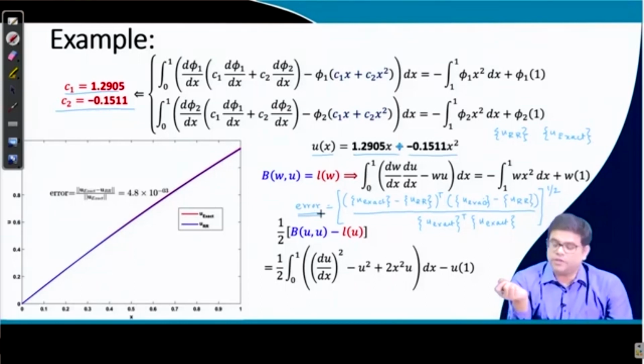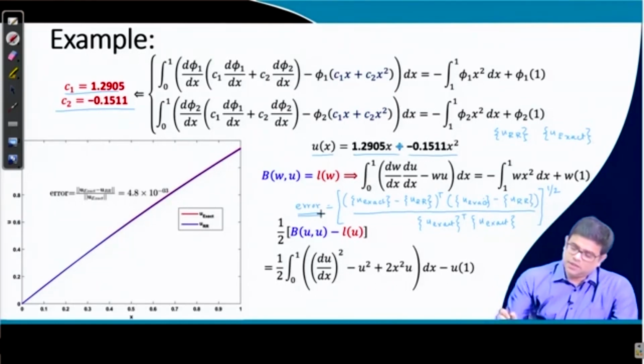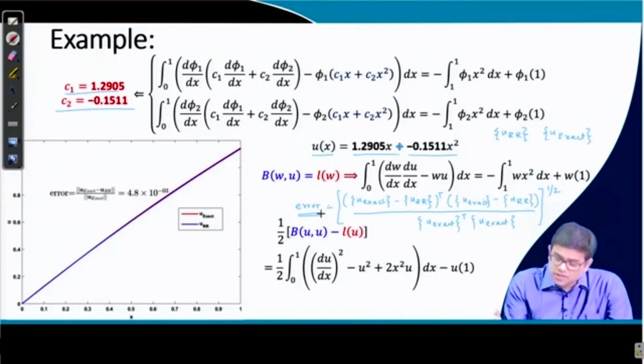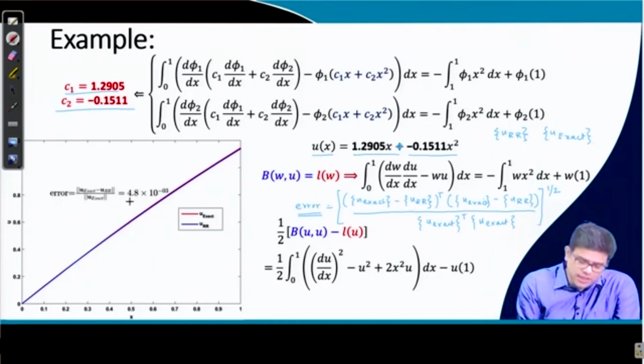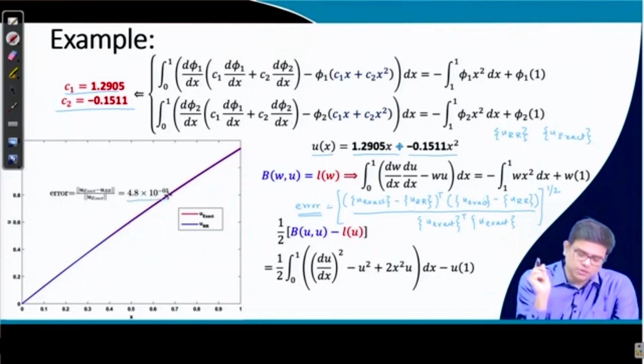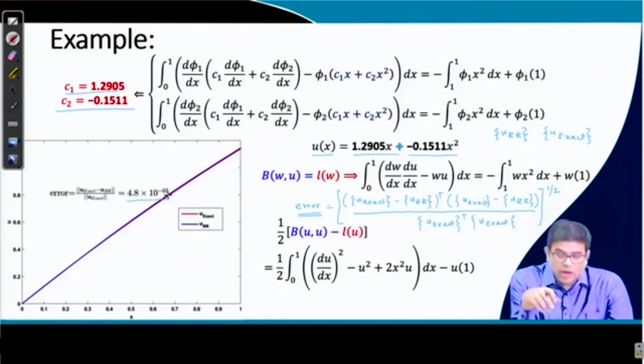I found that this quantity is 4.8 times 10 to the power minus 3. This gives an idea of how good my approximation is.